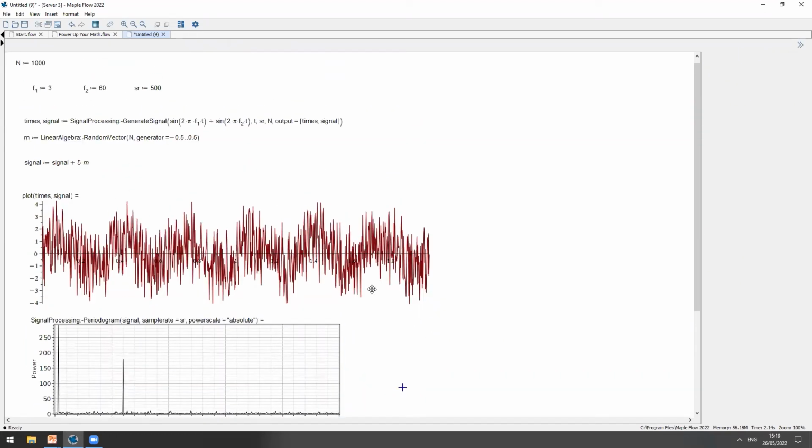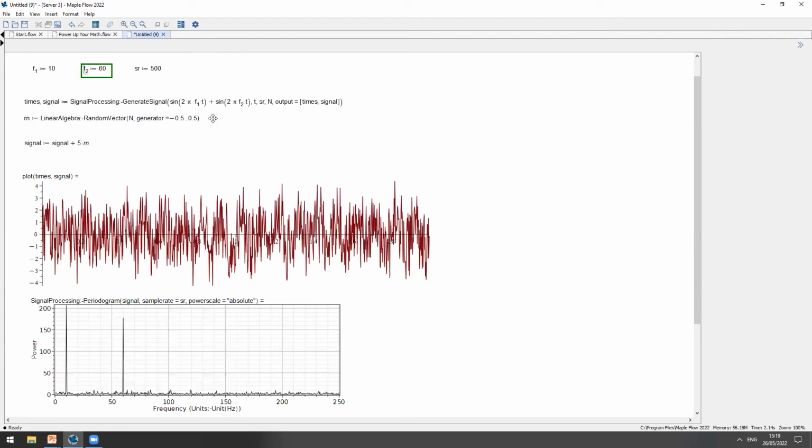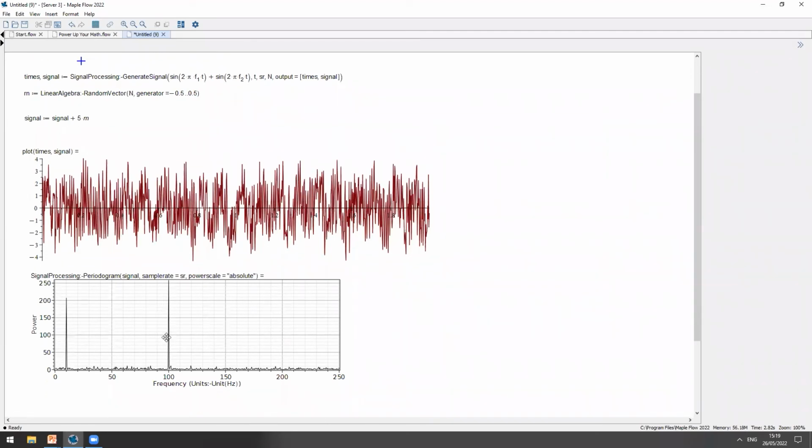If I actually go up to here and I change the value of the frequencies used to generate the sinusoid to 10 Hertz, and let's say 100 Hertz, press enter, you see that reflected in the periodogram.